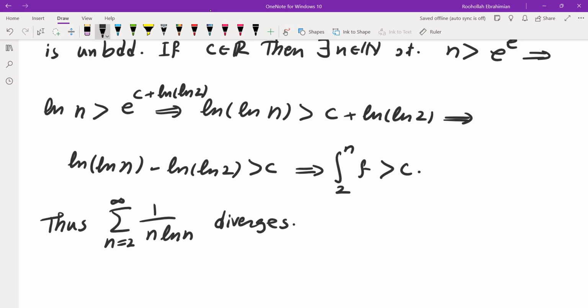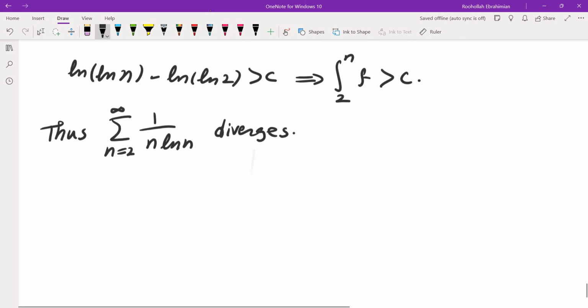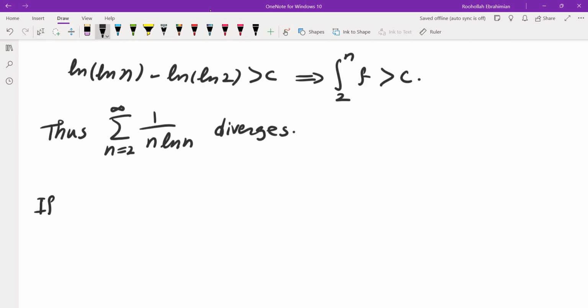So for p greater than 1, it converges. For p equals 1, it diverges. For p less than 1, we can compare it to this one. If p is less than 1, then 1 over n to the p natural log n is going to be greater than 1 over n natural log n.